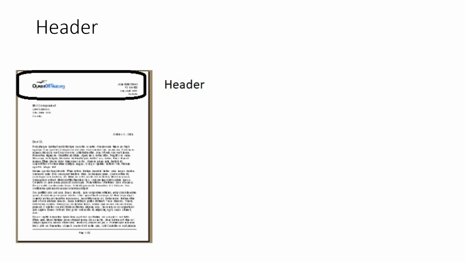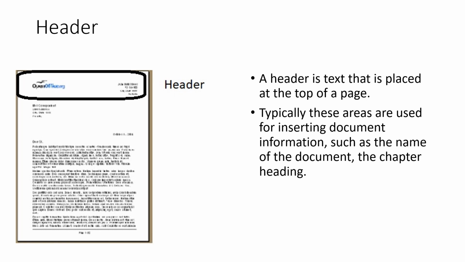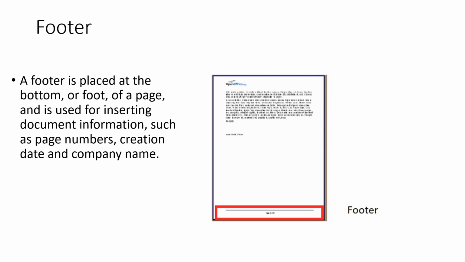So when we talk about a header, it's the text at the top of the page. And a header is used for the document information, such as the name of the document or the chapter or the heading. A footer, you can see I've got outlined here at the bottom. It's at the foot or the bottom of the page.